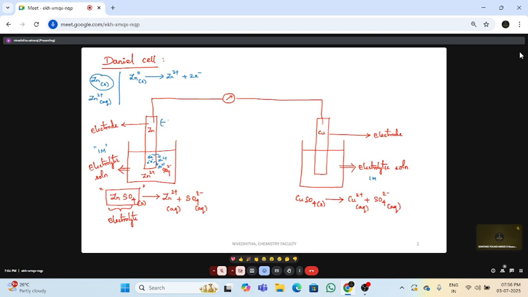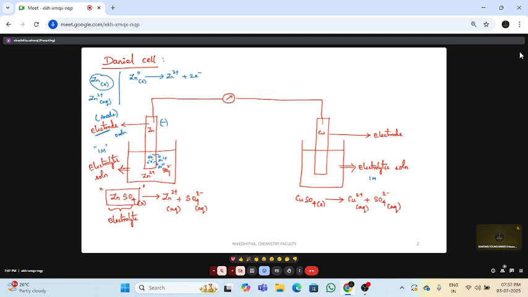Here in this electrode, oxidation is happening. In an electrode, if the oxidation reaction is occurring, then that kind of electrode is called anode. Now in Daniel's cell, zinc is acting as an anode where zinc is getting oxidized.